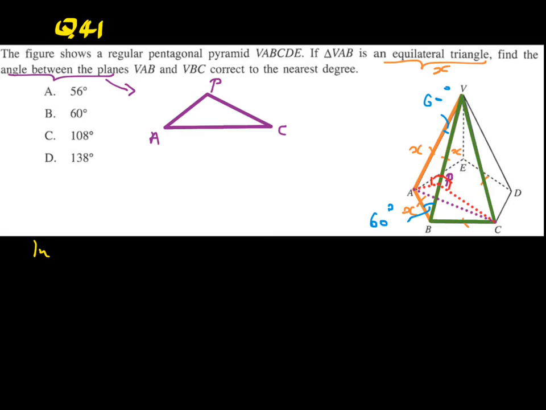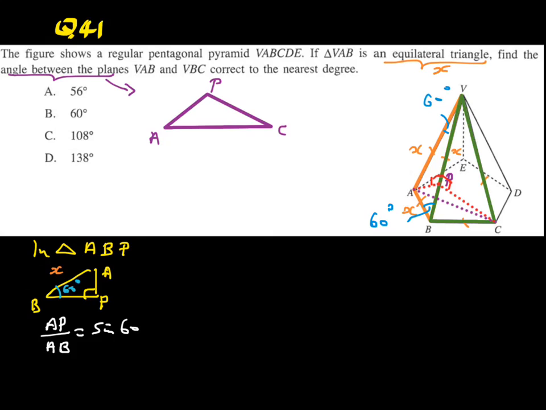Now we know, being an equilateral triangle, all the angles would be 60 degrees. So let's take a look at one of the triangles, ABP. Now that we know that the angle is 60 degrees, we could express this in a trig ratio and find the length of AP.